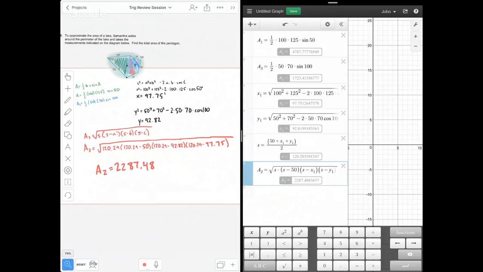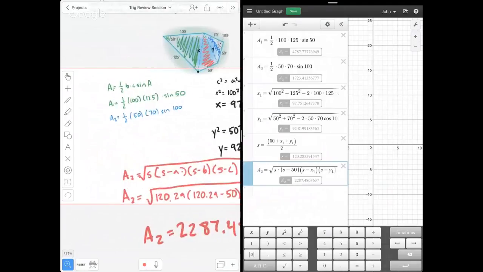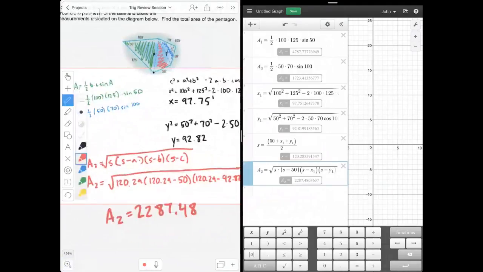Going back here, just because I realized I didn't put in the other areas. If you didn't see it, area 1, the green part, was 4787.78, and the blue part, area 3, was 1723.41.